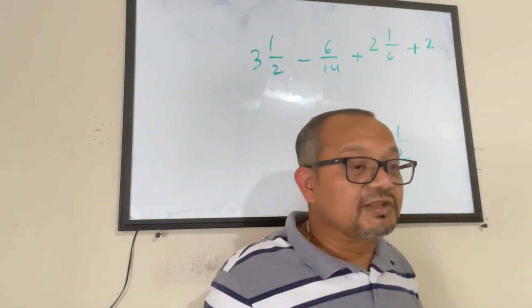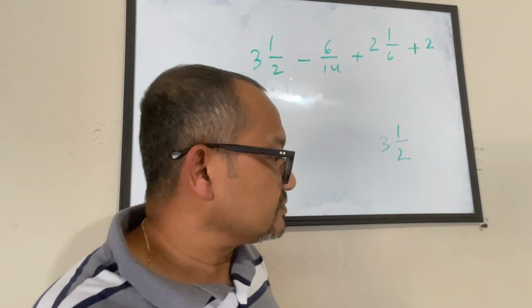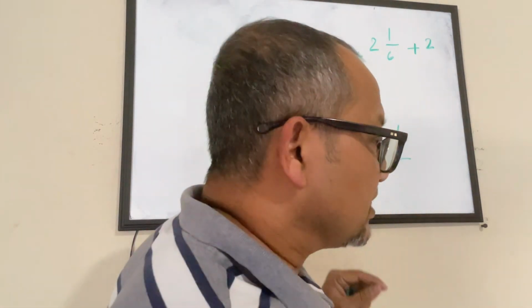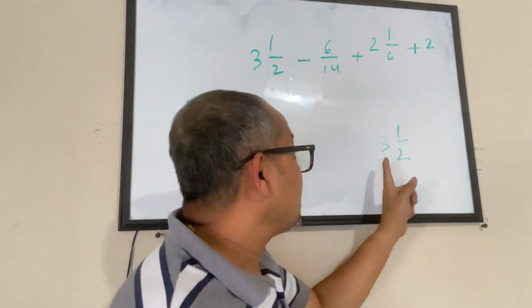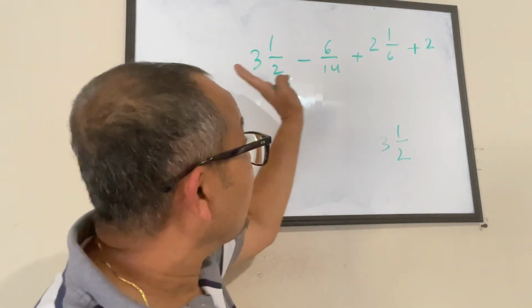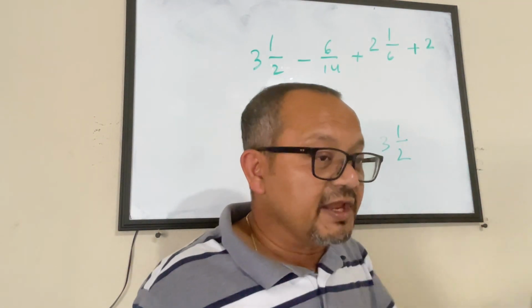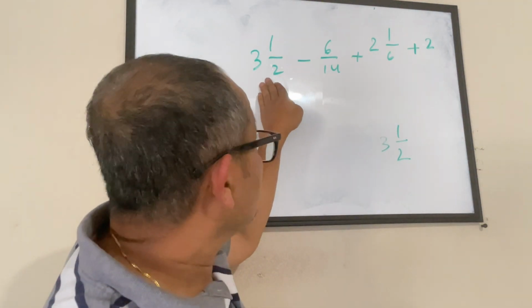So I'm just helping you guys to understand how do you convert a mixed number into a fraction. First thing you remember is when you have different types of numbers to deal with, fraction is your best friend. Meaning you have to convert everything into a fraction first. This is a mixed number, you have to convert this to a fraction.